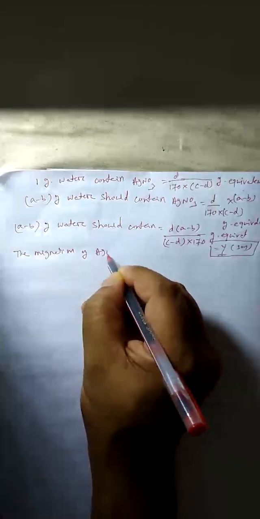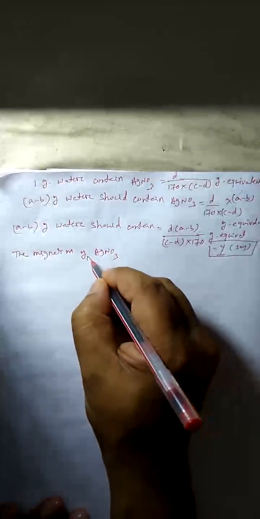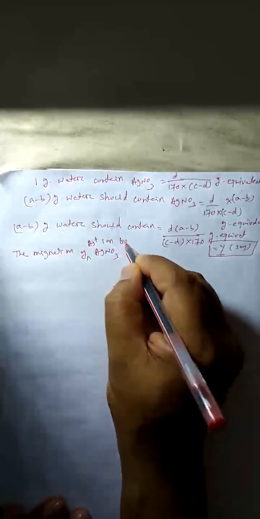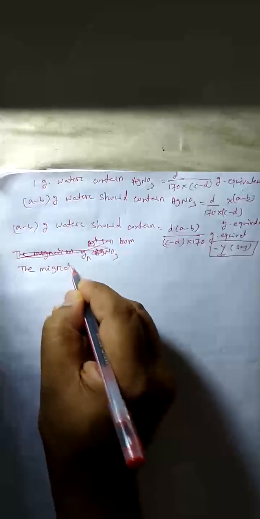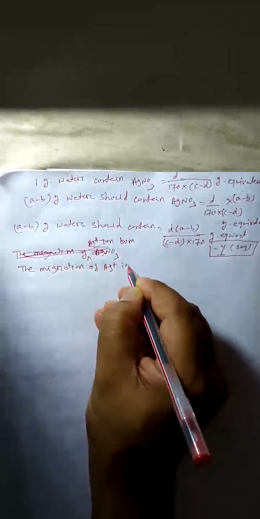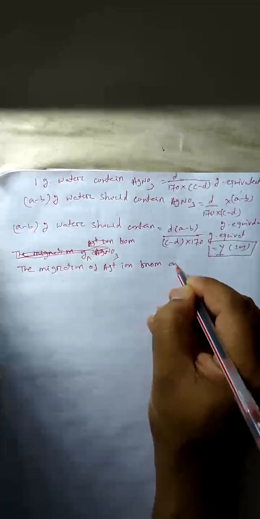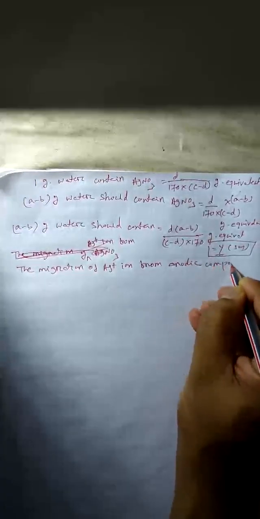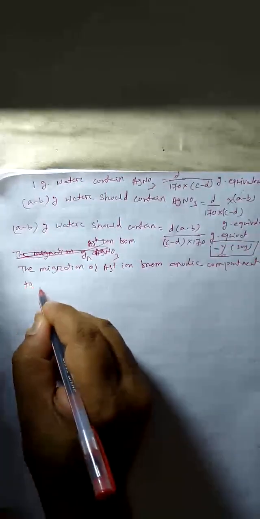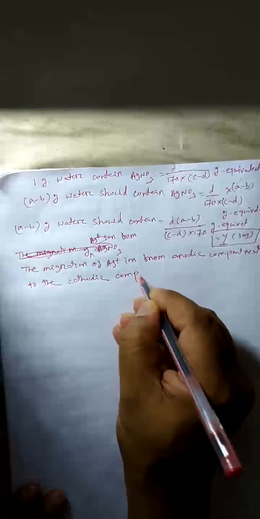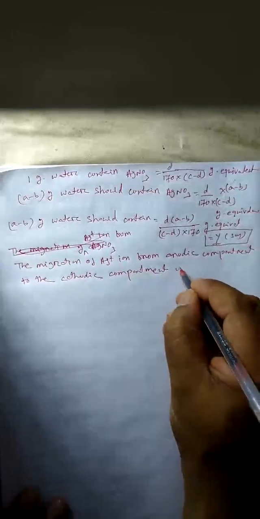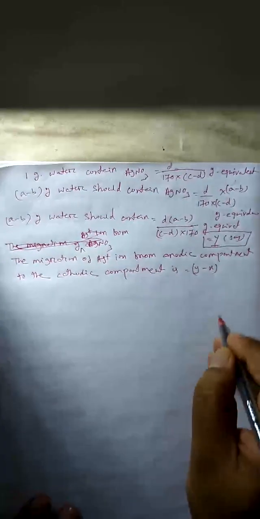Then the migration of silver ion from the anodic compartment to the cathodic compartment is Y minus x gram equivalent.